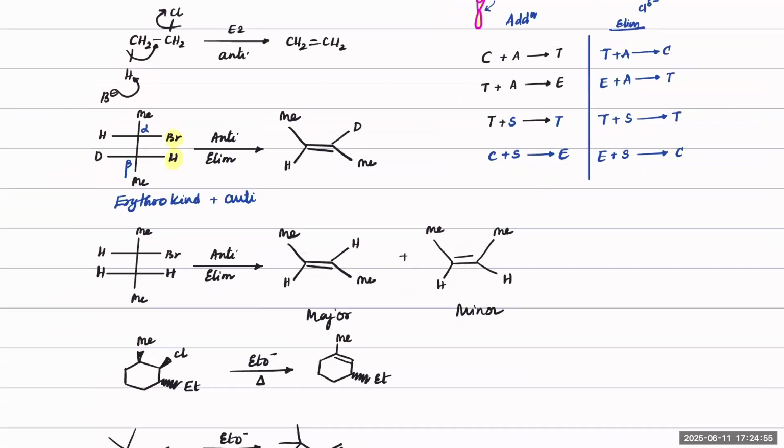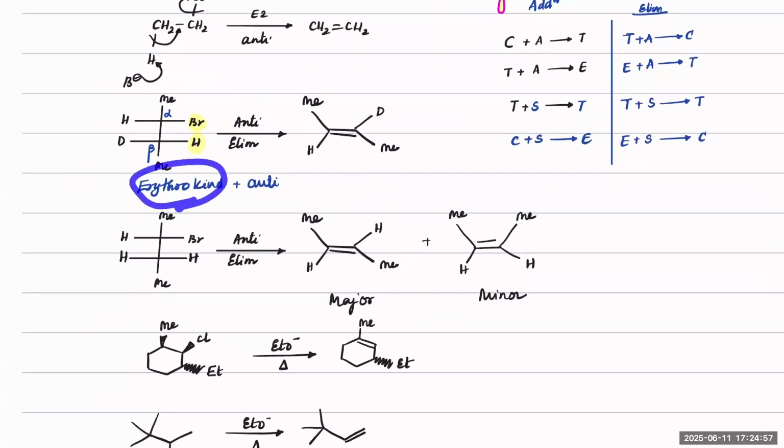Got it? So in this case, it is an erythro form. If I give you an anti-elimination, I would be able to get a trans form. Acha, how would I know how to put the trans here? See, these groups should always be opposite to each other, and these two groups should be opposite to each other. So that's how you need to place the trans form here. Got it?